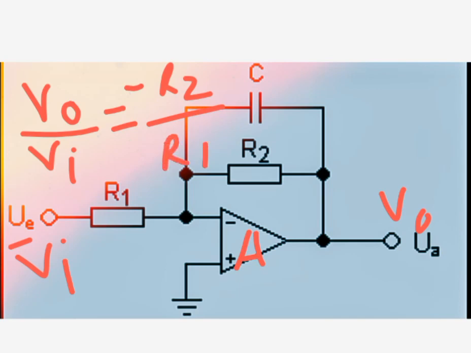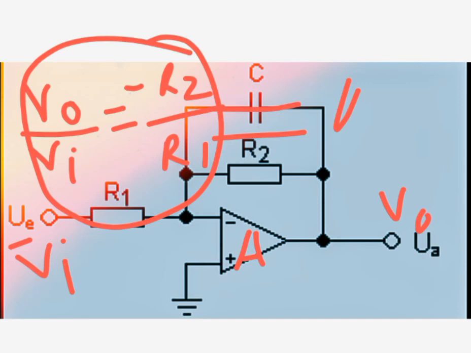You can just solve and simplify the Kirchhoff's current law equation that I just wrote here, and you should get this expression. This is your closed loop gain AC. Don't get confused with A: A is the open loop gain, AC is the closed loop gain.